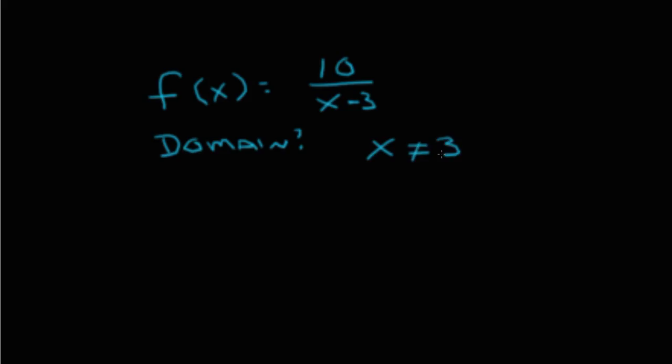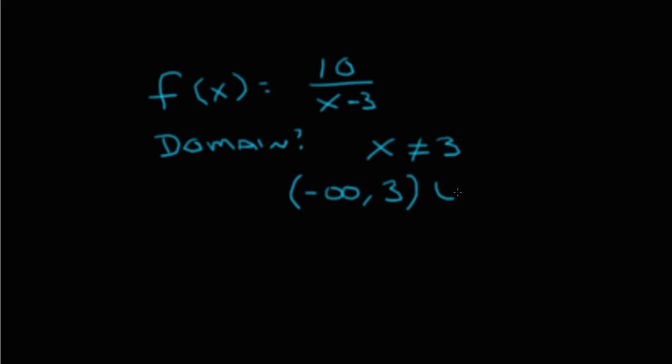Well, that's true, but that's not really how it's expressed in most problems, because for whatever reason, teachers don't care what x can't be, but what x can be. The way that we write that is in interval notation, and we can say x can be anything from negative infinity up to 3, but not including 3, so it's a parenthesis.